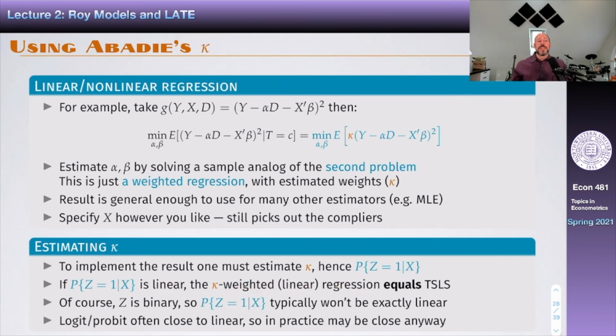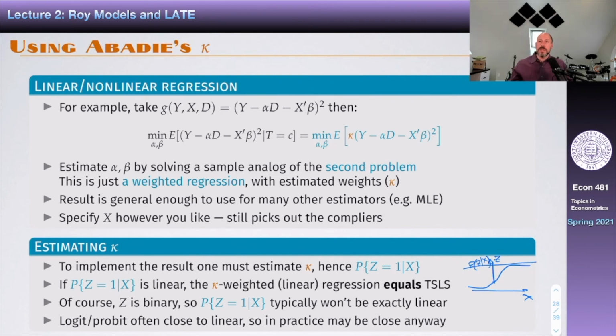Okay, and so we know that this, in theory, cannot be linear, right? Because suppose that x is scalar, and then you have z over here, and then you plot the probability of z conditional on x, typically it will look something like this. If it's linear, it will cross 1 and 0, right?